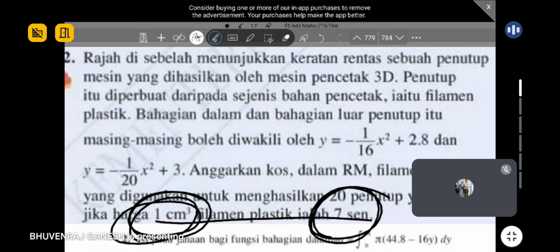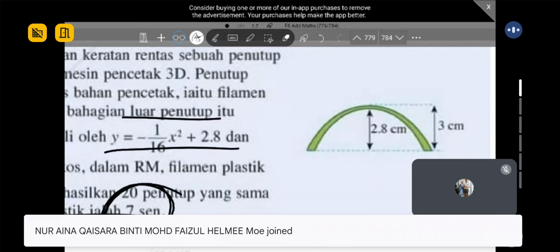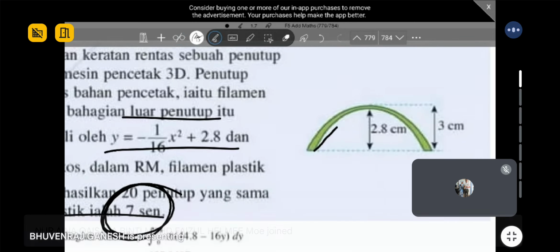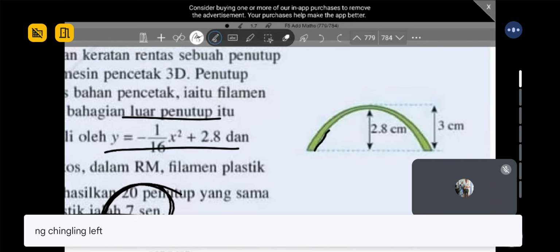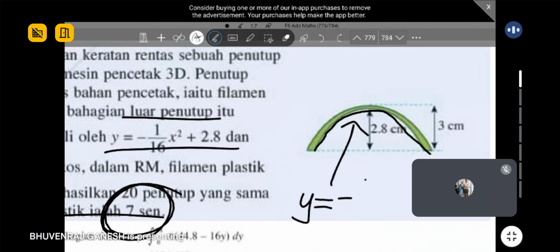So you use two equations. These are the two equations for the inside and outside. Inside is negative 1 over 16. So this is the inside, this one over here. This whole equation: y equals negative 1 over 16 x squared plus 28.